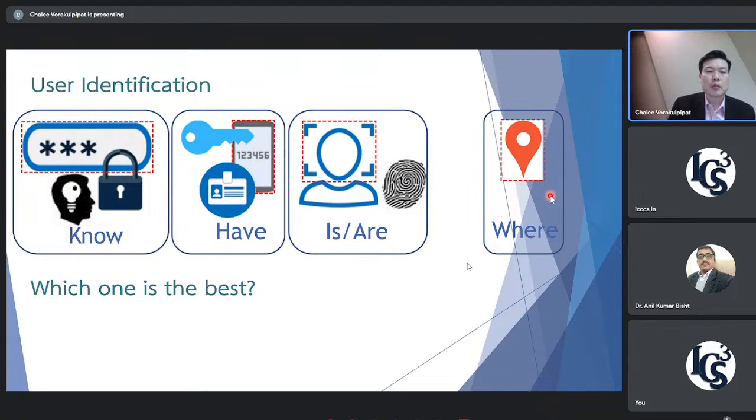Okay. The question is, which one is the best? Which one is the most secure? The good answer is multi-factor authentication. We need to combine know, have, or are, or use all three. The good example is ATM, because when you use an ATM, you use a card and a PIN code or password, right?